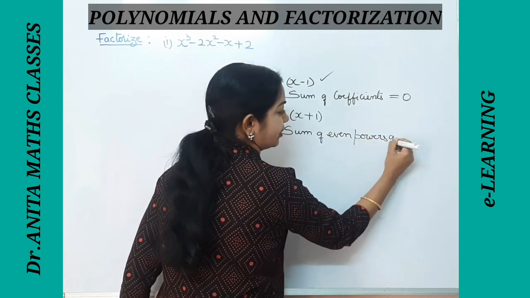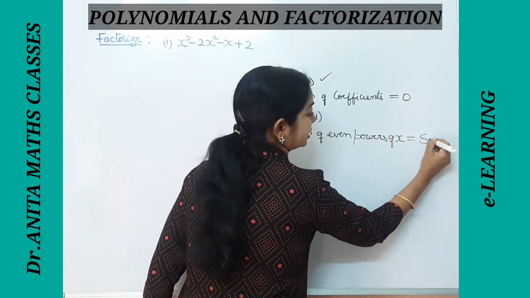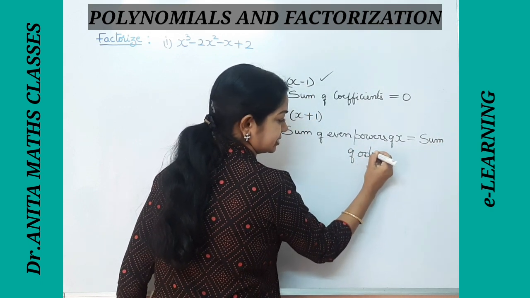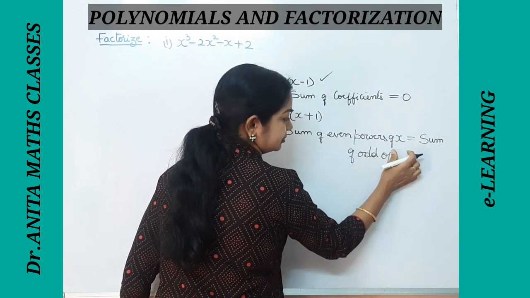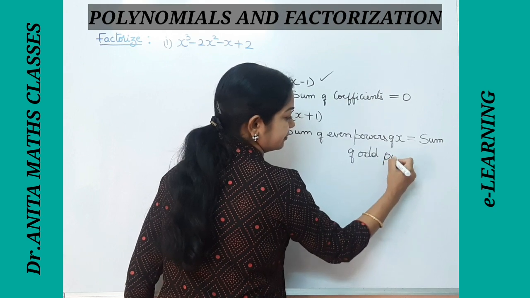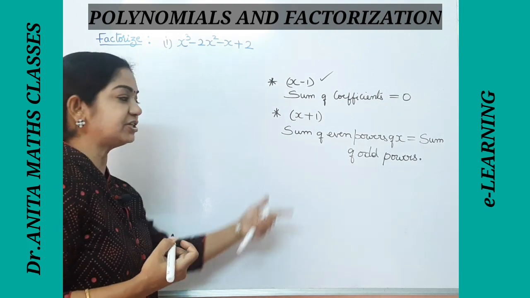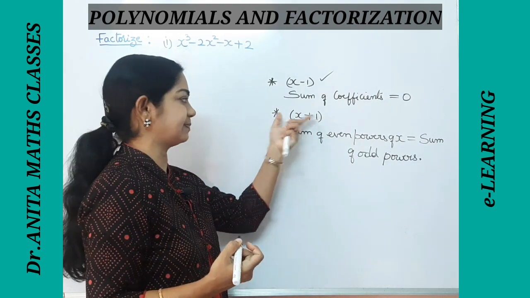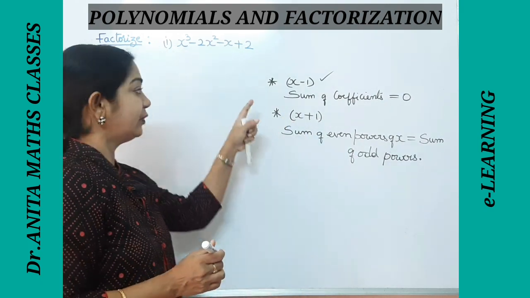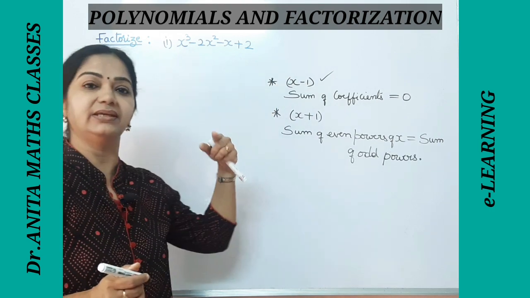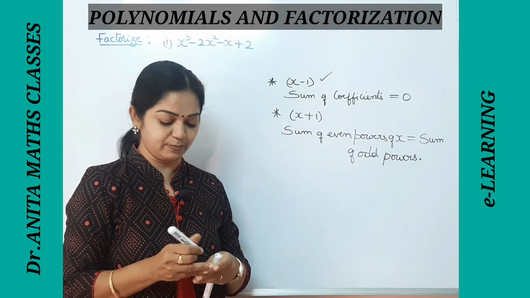If this condition is satisfied, then we say that x plus 1 is the factor. With this, if we divide, then we get the other factors of a cubic polynomial.